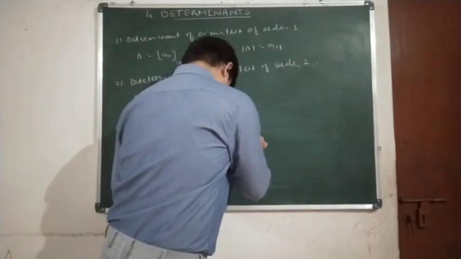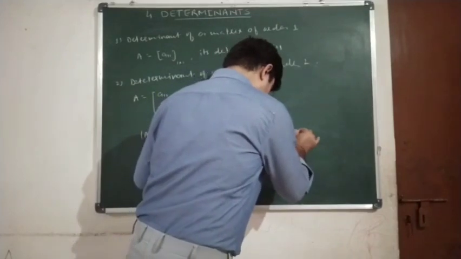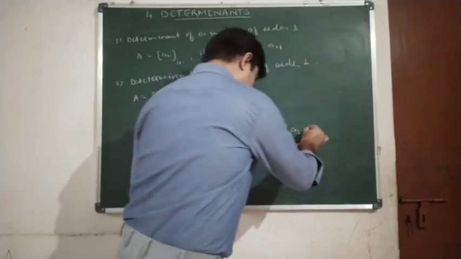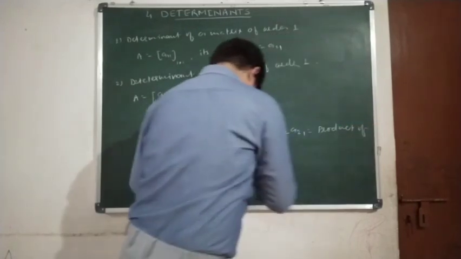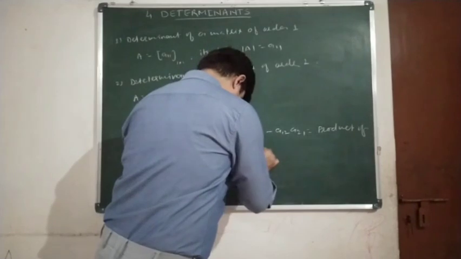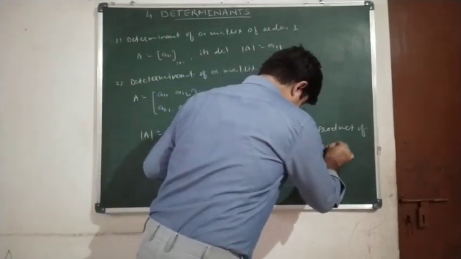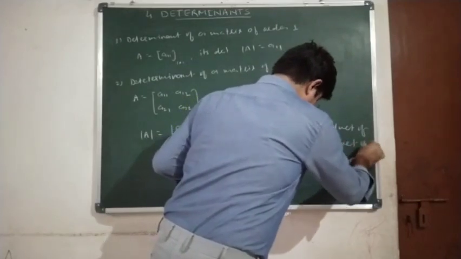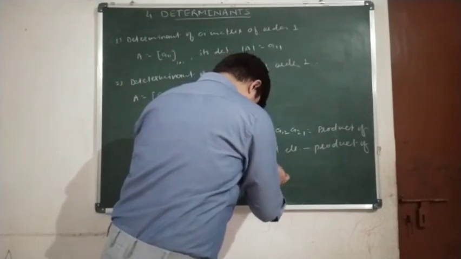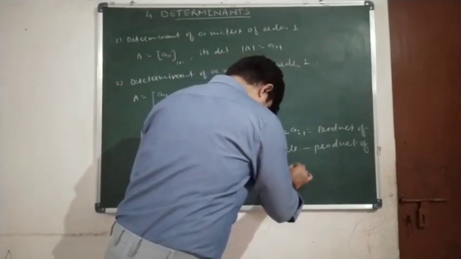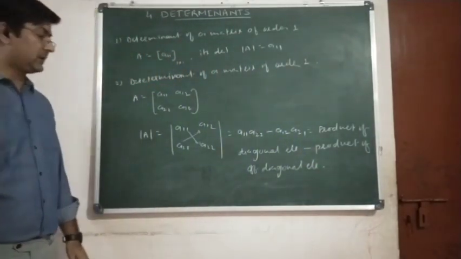So that is A11 A22 minus A12 A21. So remember this.